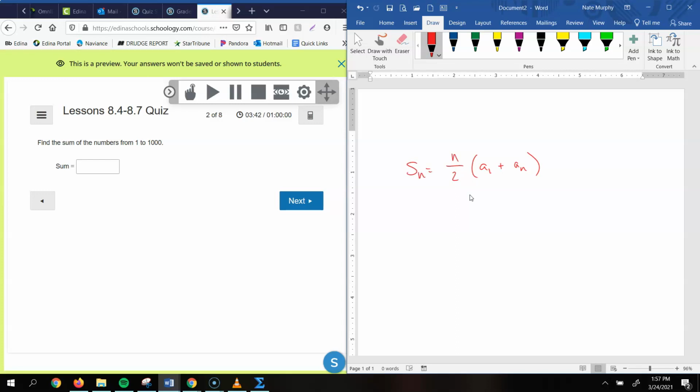So we know that from 1 to 1,000 there would be 1,000 terms. We know our first term is 1 and our last term is 1,000. So if you did this on your calculator, 1,000 divided by 2, well, that's obviously 500. If we took 500 times 1,001, you get 500,500 as your answer.